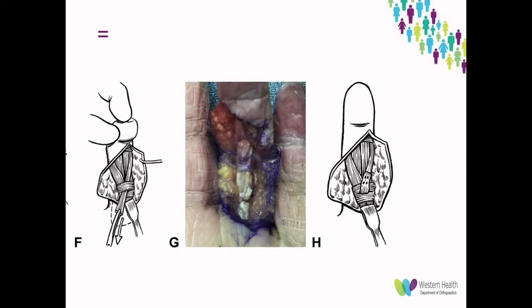An example of this is FDS tenodesis. This uses a slip of FDS sutured back onto itself over or through, as you see here, the A3 pulley, or you can also attach it to the proximal phalanx. This creates basically a static volar restraint against hyperextension of the PIP joint.